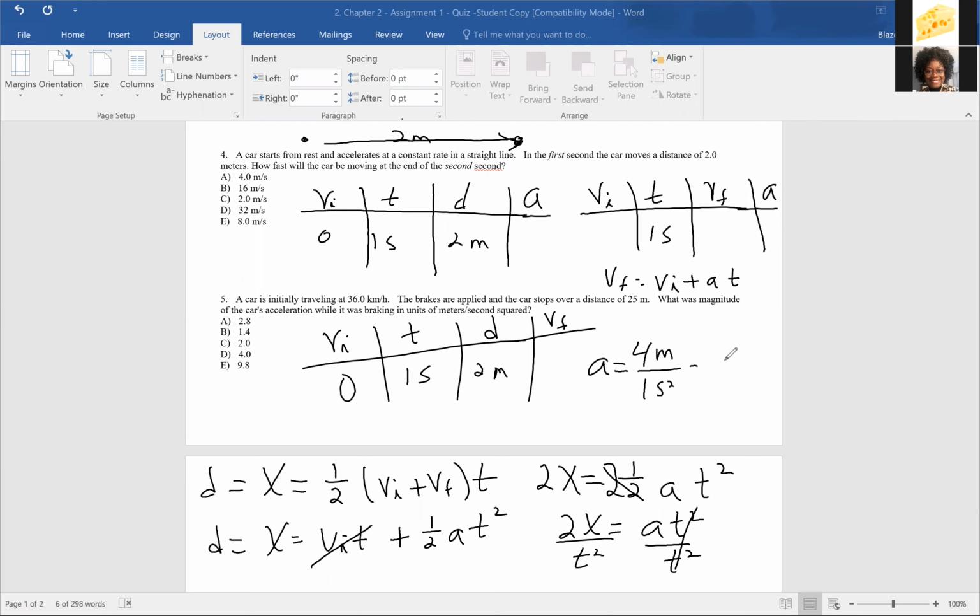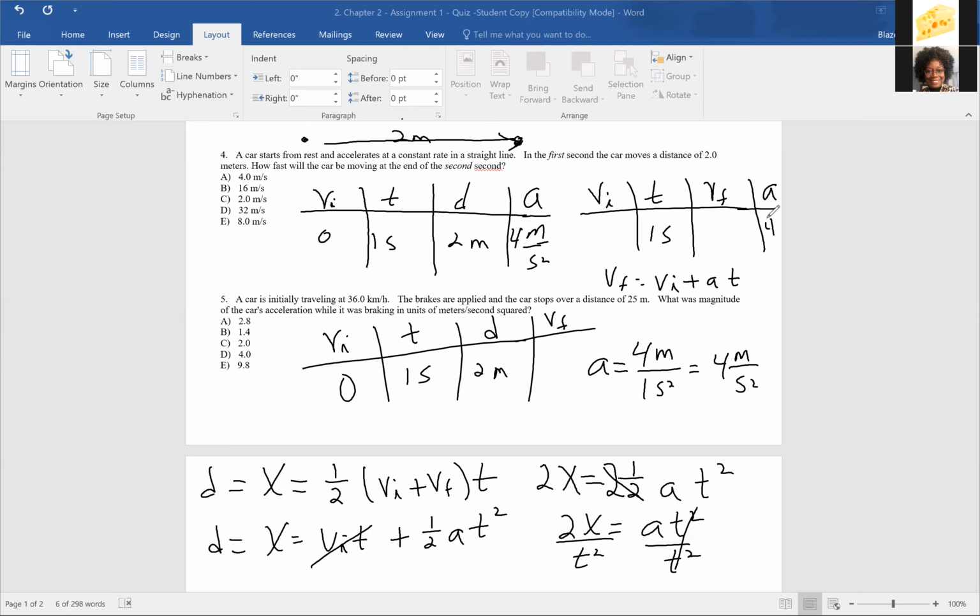So now I have my acceleration, 4/1, which is just 4 meters per second squared. Now, accelerates at a constant rate means that this acceleration, which is 4 meters per second squared, is the same over here. This is also 4.